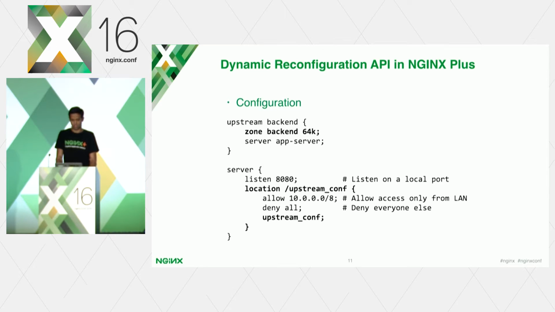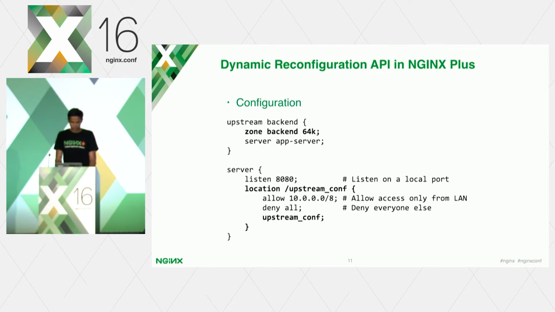As you can see, there is an upstream block named backend, which has a zone directive, which essentially creates a shared memory zone, which will be used by the NGINX worker processes to share the upstream configuration and its runtime state.